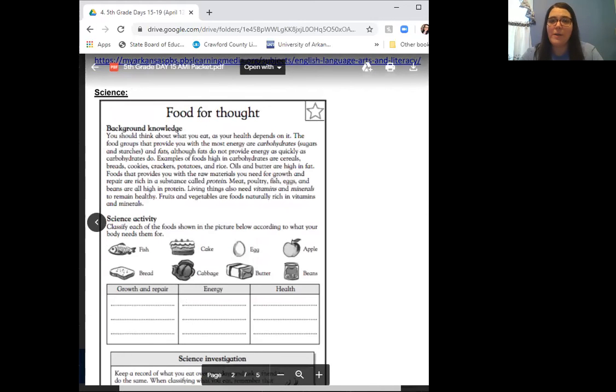And then as always, after science, you get to choose which specialty activity you want to do for today. So let's look at your specialty activity options. If you choose to do PE, you'll draw a person that is stretching and then label the muscle group it is stretching.